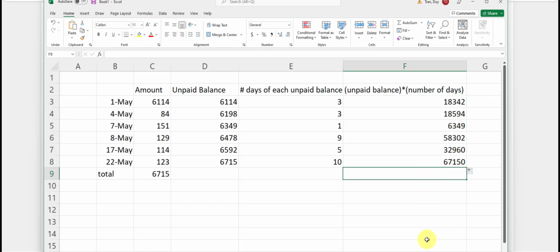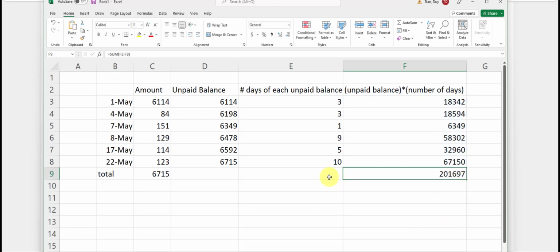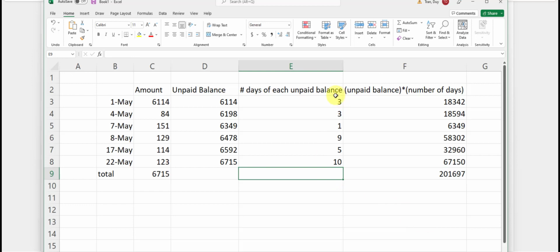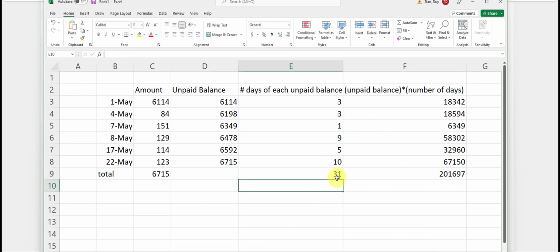And then at the end of the day, we will have to find a total for everything here. So I use the command equal sum, and I add everything here. You can do that with a scientific calculator, or you can just use Excel with the command sum, and you get this amount. And then you also add everything here for all the days. So sum, again, we add everything, that should be 31.